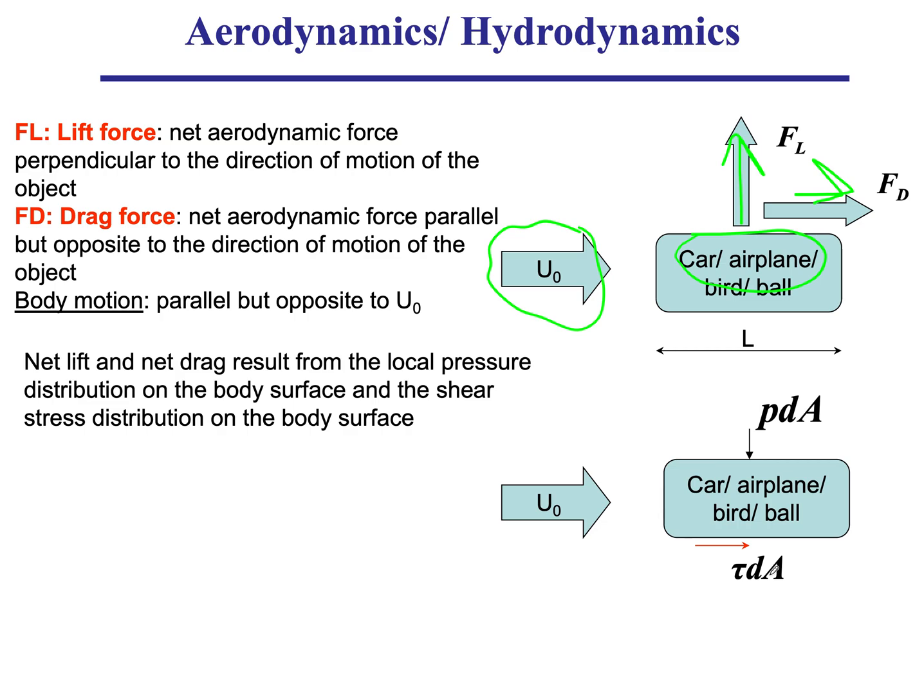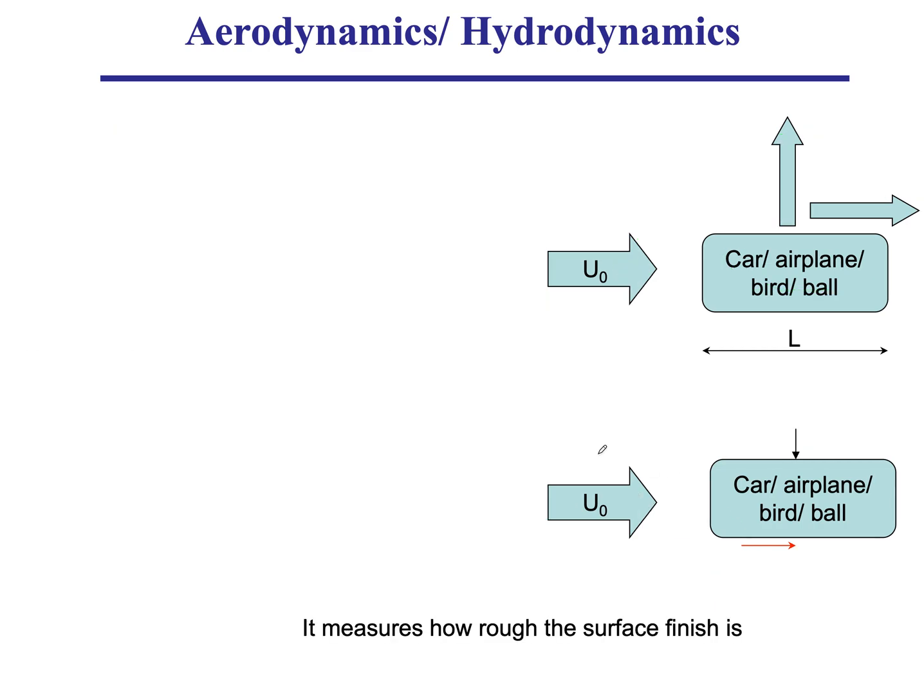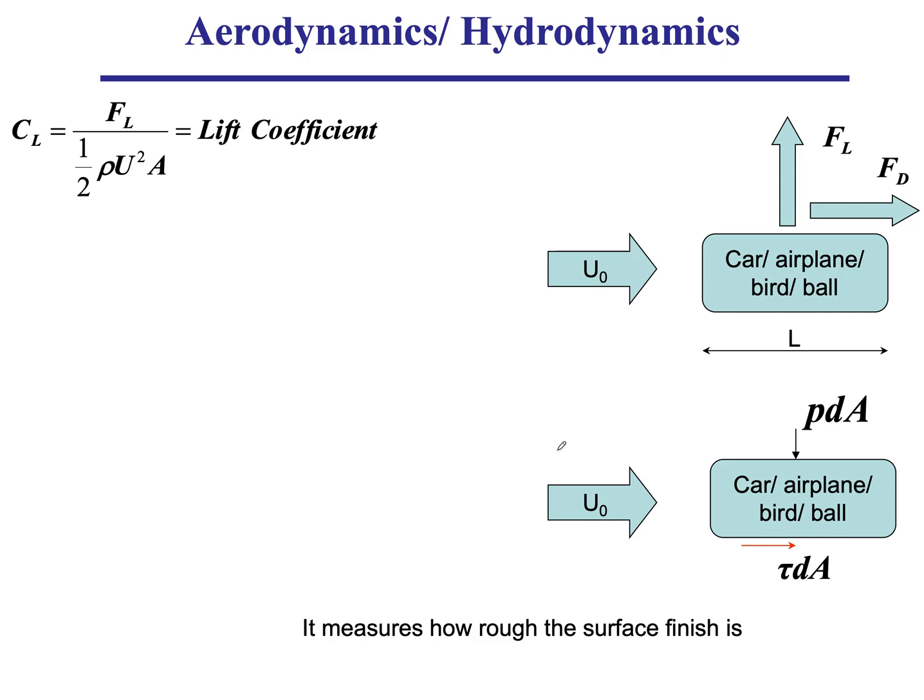So we have those four quantities: lift force, drag force, pressure, and shear. And we have dimensionless numbers that are used very much in aerodynamics, in the study of fluid flows past objects.